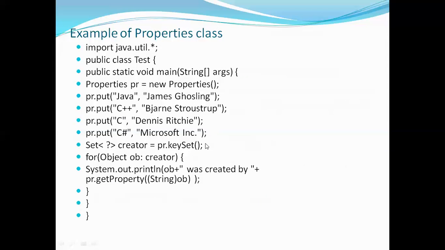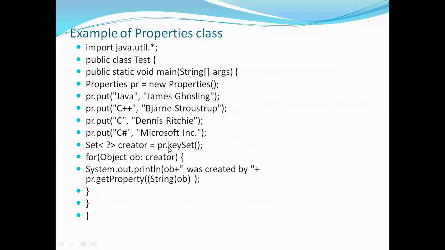Then I'm using a set. There we saw entrySet; here I'm using keySet. Anything can be used. Next, I'm printing, using a for loop. I'm printing all the objects of a particular set. Here, what is our set? This creator is our set.